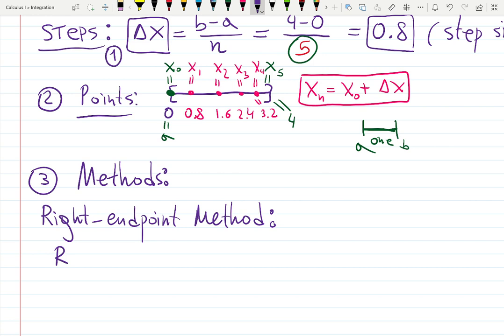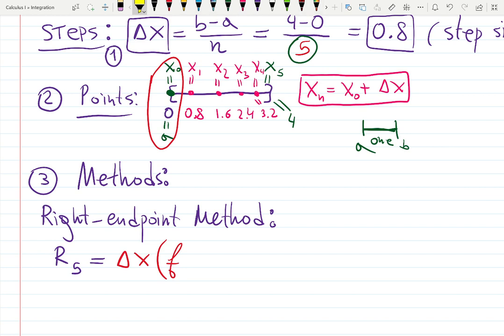It's R sub 5, because there are 5 subintervals. The most important thing is to remember the formula. You have delta x always in front, and then you have a function. And you start with not the first one. You skip the first one, because you can only use right endpoints.